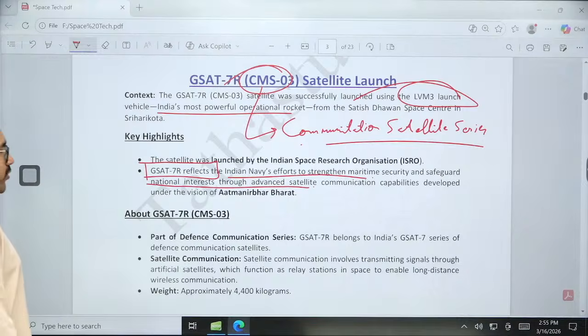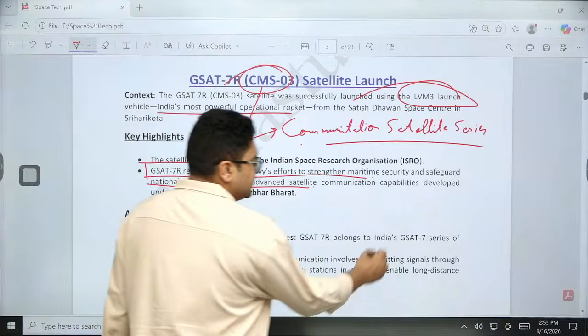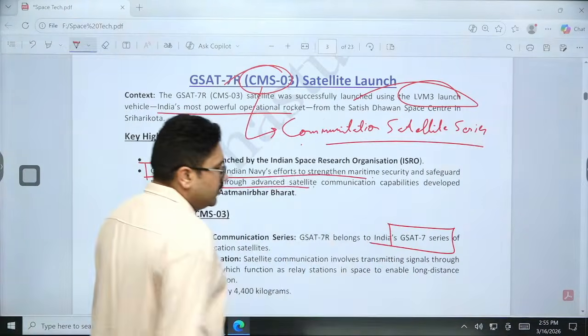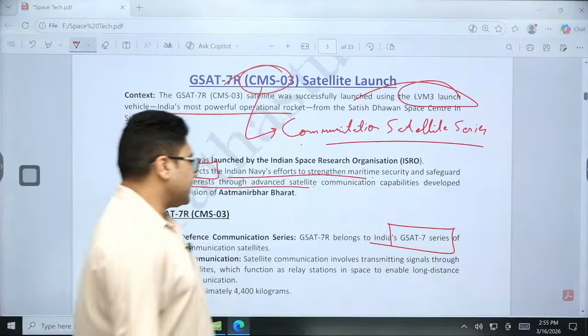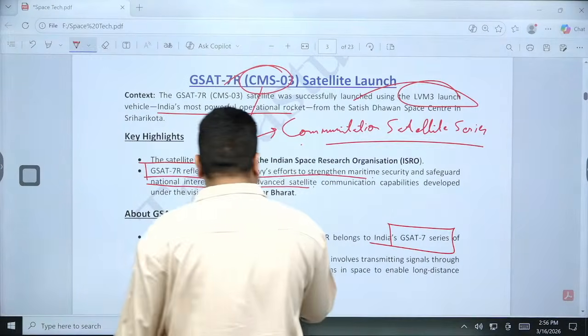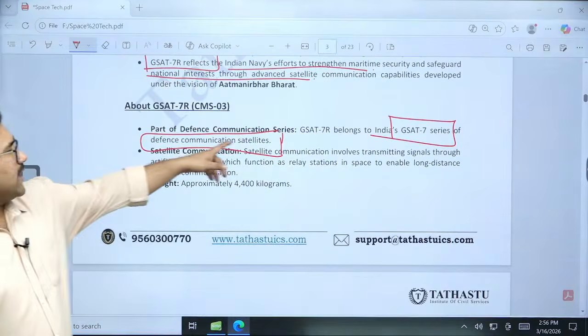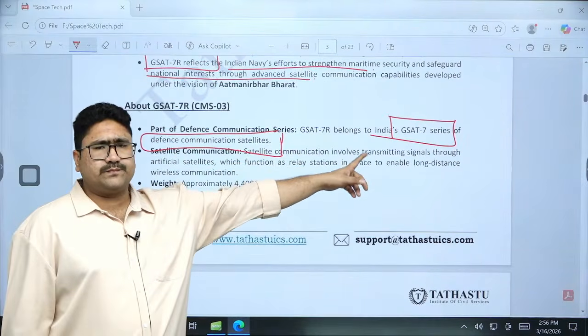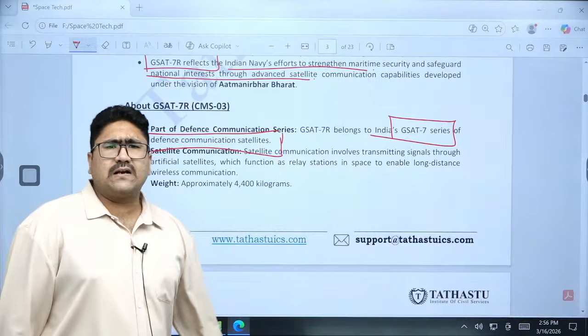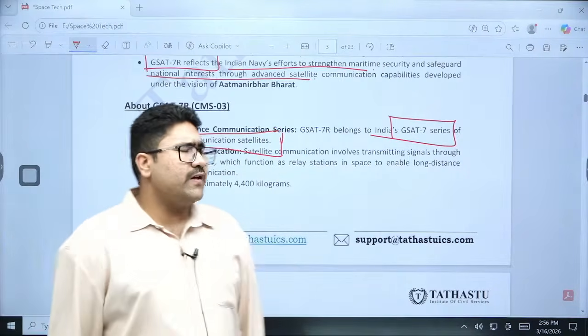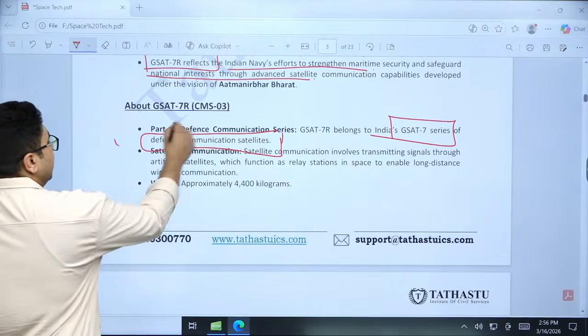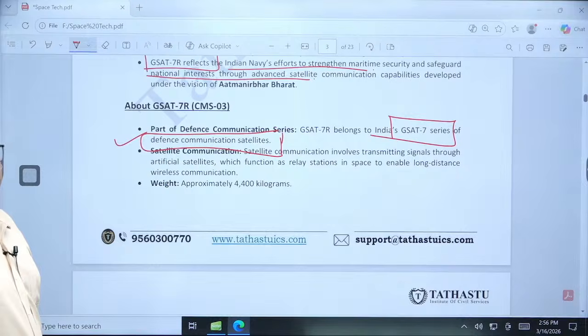Here, what you need to understand is that GSAT-7R satellite belongs to GSAT-7 series. 7 series is for defense communication satellites only. So please understand that whatever satellites are launched in GSAT-7, they are specifically for defense communication purpose only.